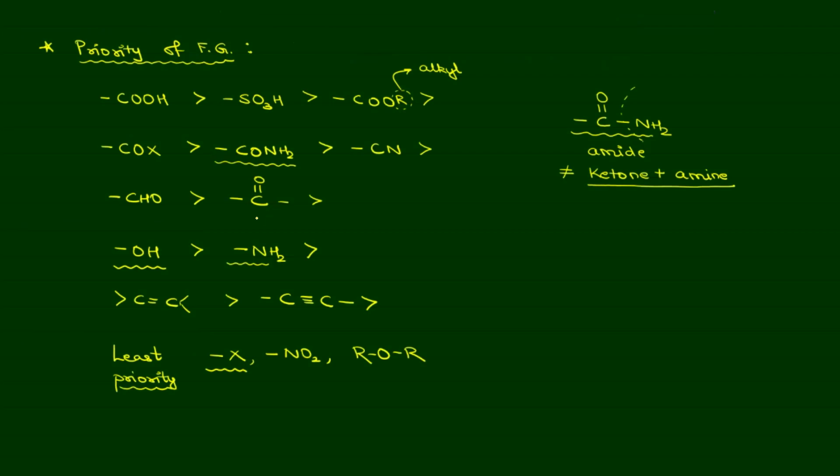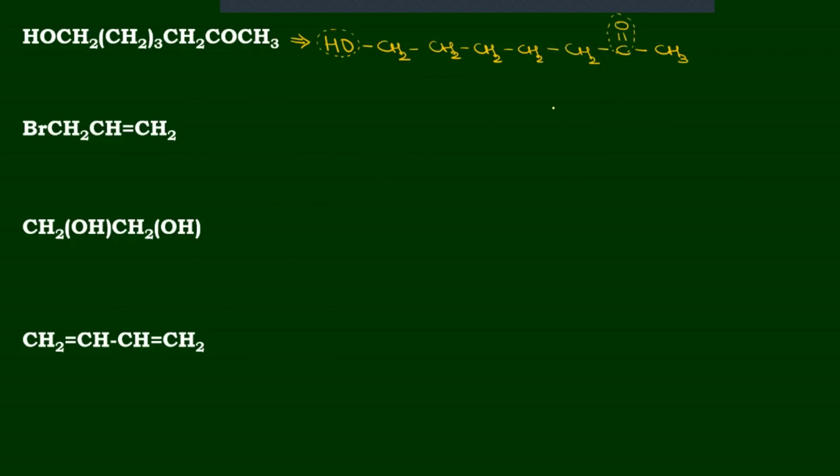Ketone versus alcohol, which gets a higher priority? Ketone. So the longest chain would be selected with respect to ketone, and the numbering would be done from the right side such that the ketone gets the lowest number.